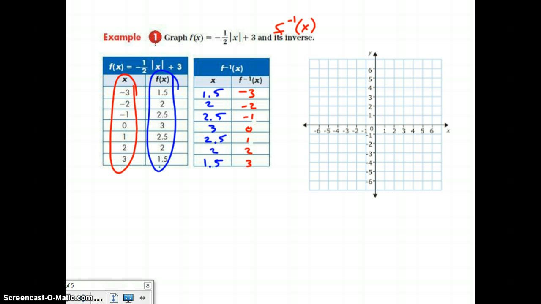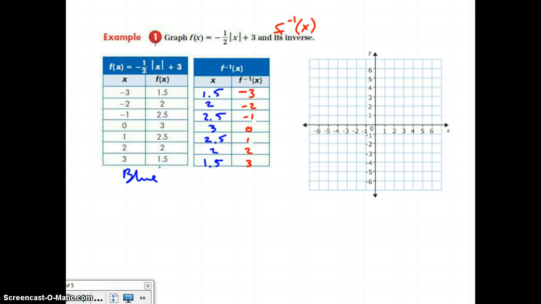And then I want to graph those ordered pairs. First I'm going to graph just the original function using a set of ordered pairs, and I'm going to graph that in blue. We'll just graph those.